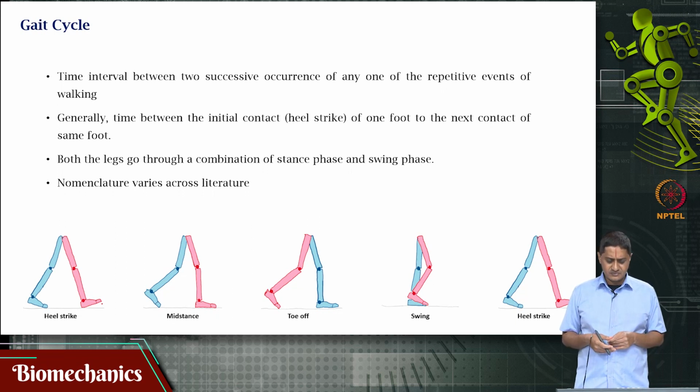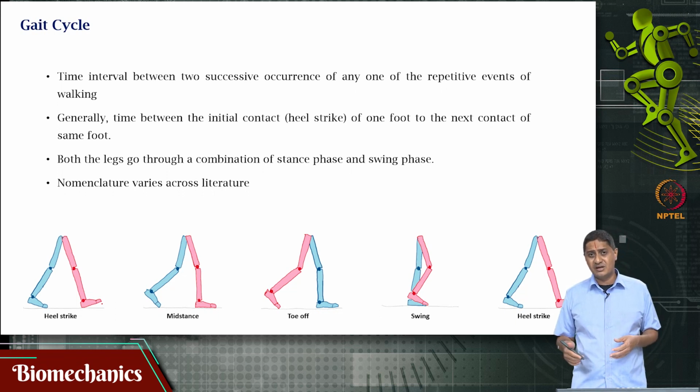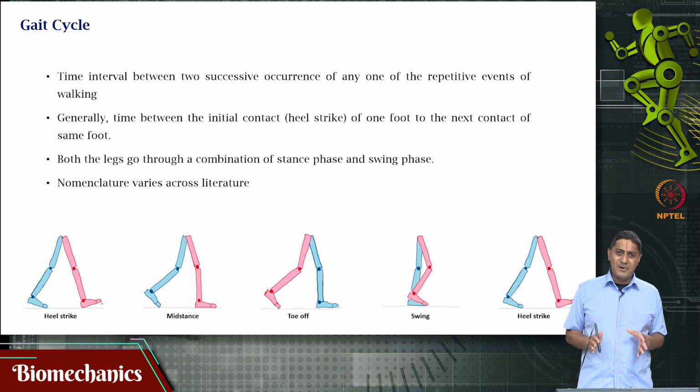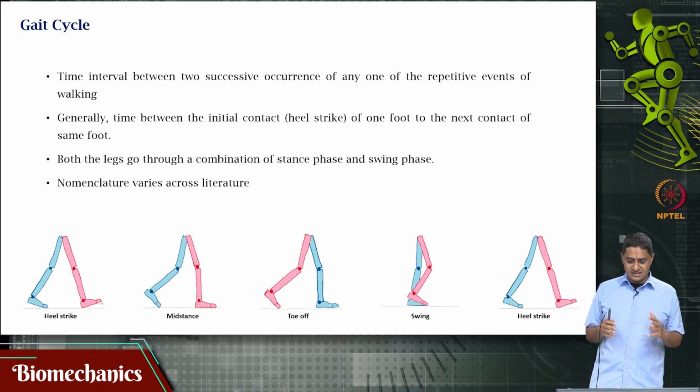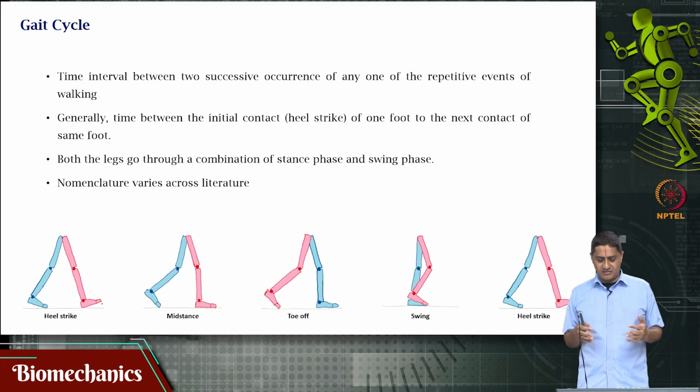Okay. That means that I could take any of these important or salient events and wait for that salient event to happen again, because it is a cycle. I can analyze it whichever way I want, but for consistency, generally the time between the first heel strike and the next heel strike is considered as one cycle of gait.